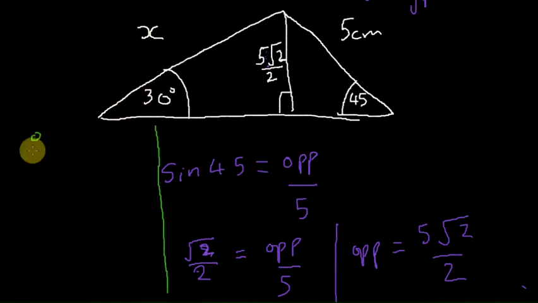So sine 30, sorry about the handwriting, equals the opposite, 5 square root 2 over 2, over x. Okay, so now we're getting a little bit messy.